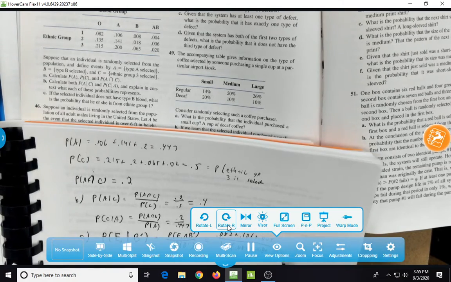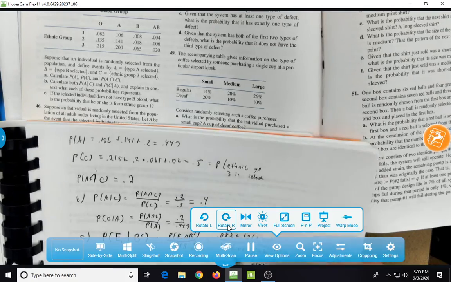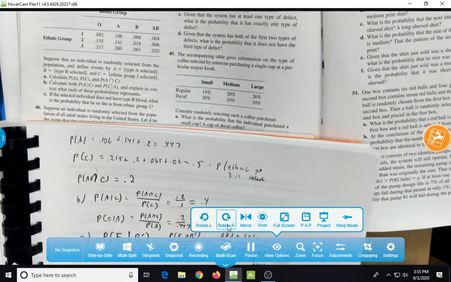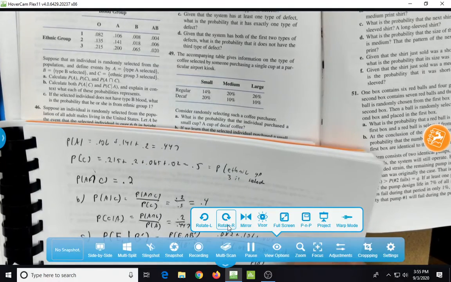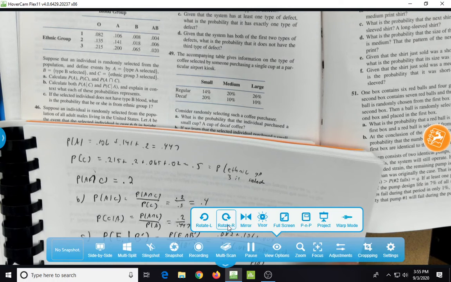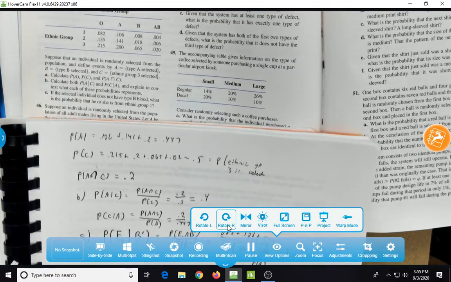And what I'm doing here is I'm figuring out right here the probability of B. And what I've done is I've gone down this column to figure out the probability of B, and then I can subtract it. So what I get is 0.192 over 0.909, and I get a 0.211 probability.